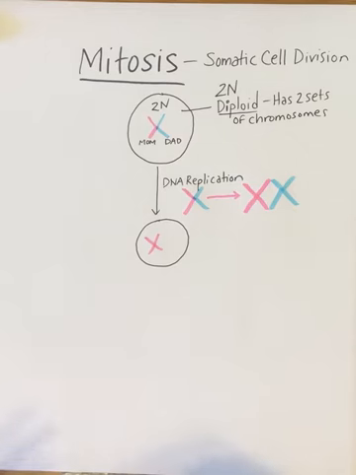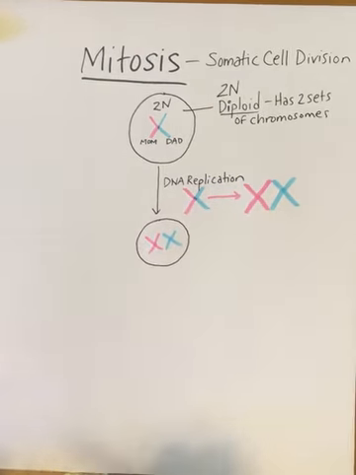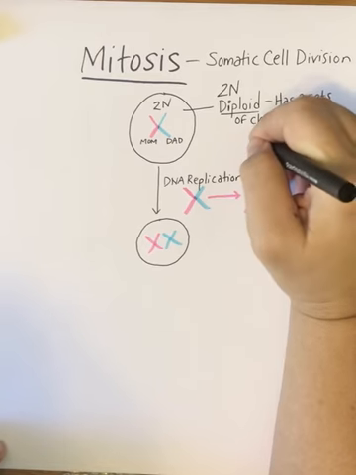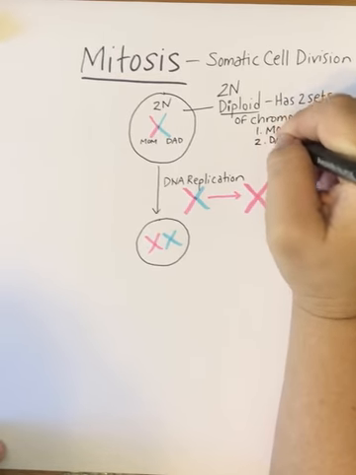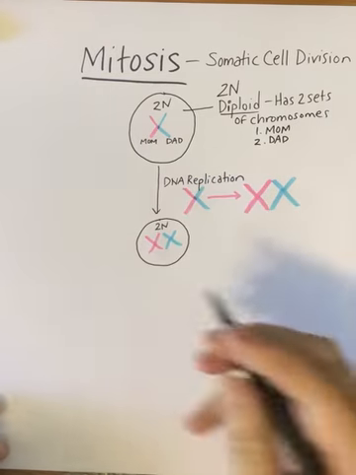No foreign chromosomes are going to be included in here. So even though we look at the cell, we still say it's two sets of chromosomes. One set from your mom, and the second set is from your dad. So you can see it's still 2N because it's mom and dad. You don't double it, it's still 2N.